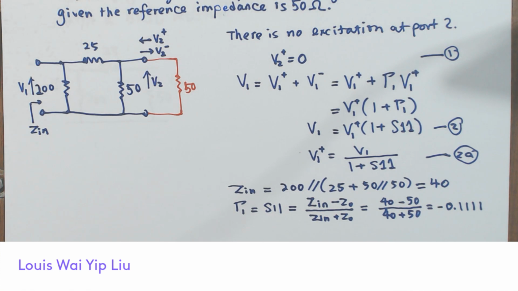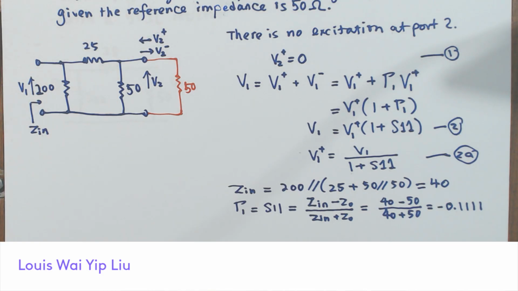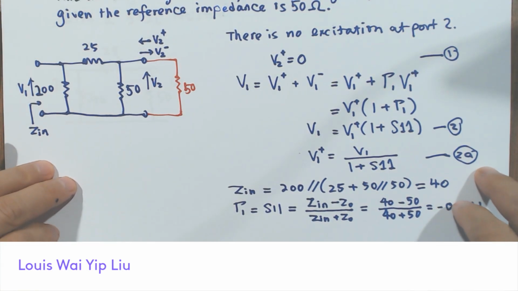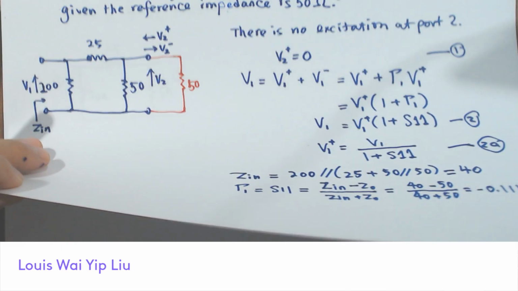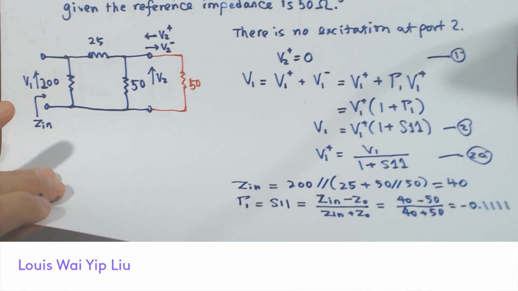The next thing that I need is to find out S21 or S12. The way we do it is to use the S parameter system equations. So I'm going to show you how to do it.